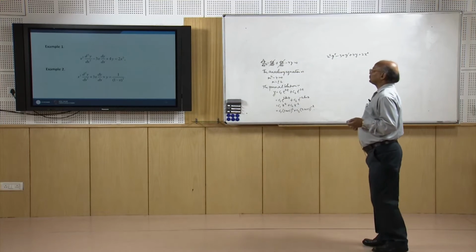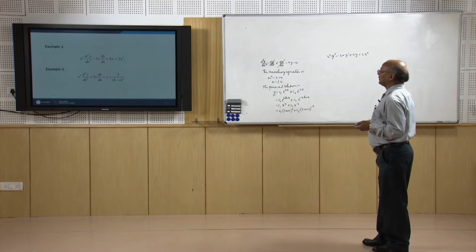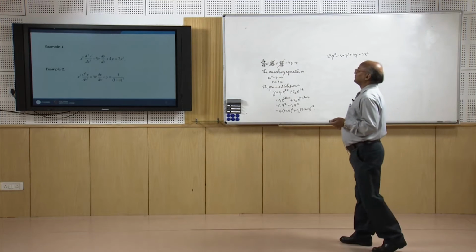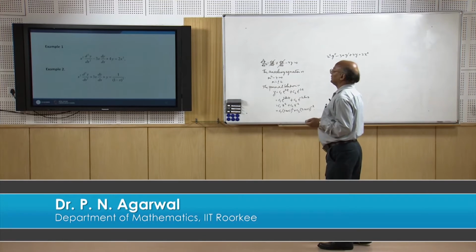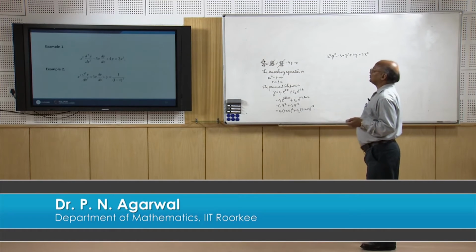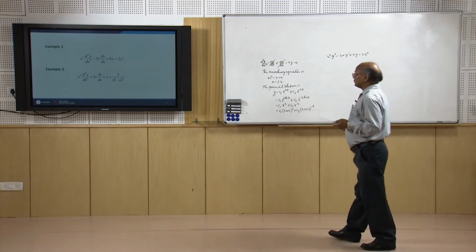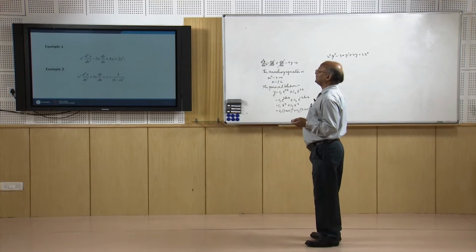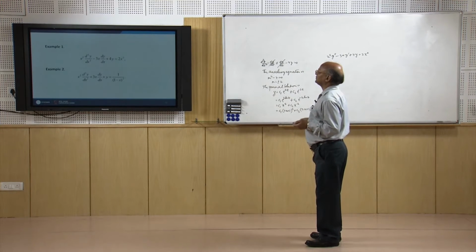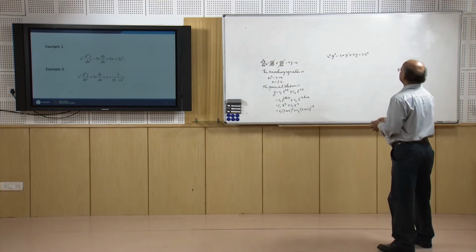So, y equal to x to the power m can be used only where the Cauchy-Euler equation is in the homogeneous form, but x equal to e to the power z reduces the Cauchy-Euler equation to a linear differential equation with constant coefficients. So, that will be applied to solve non-homogeneous Cauchy-Euler equations.